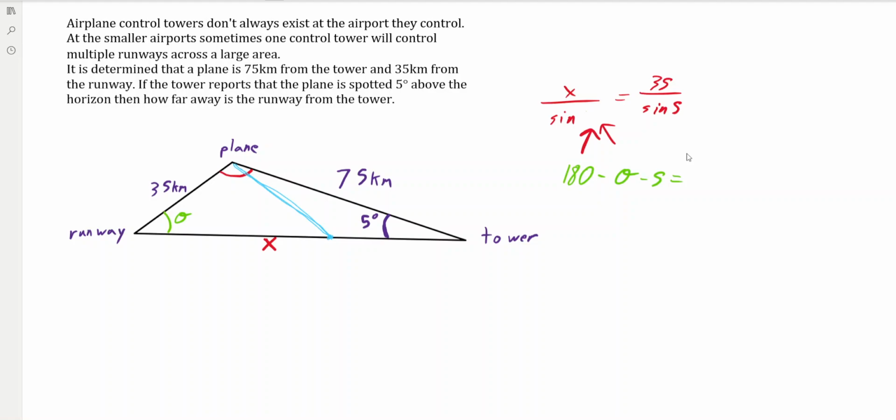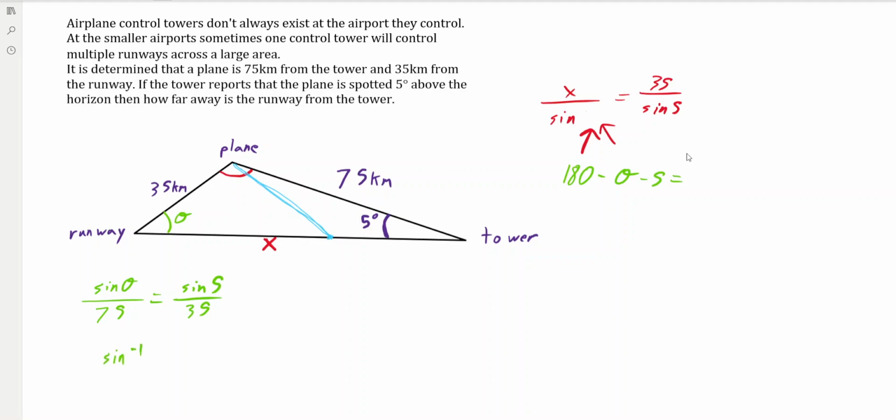So in green, we're looking for that angle, so that is sine theta over 75 equals sine 5 over 35. Again, because those are related sides, and these are related sides, that's why we're using that.